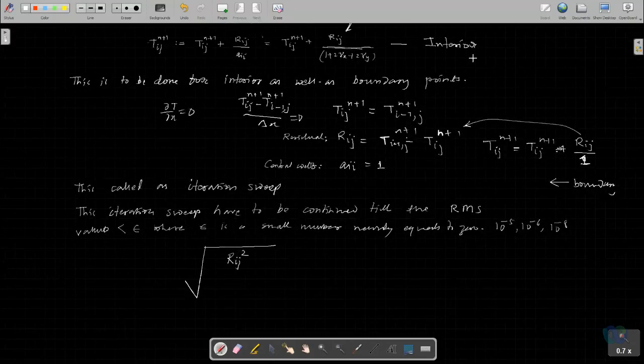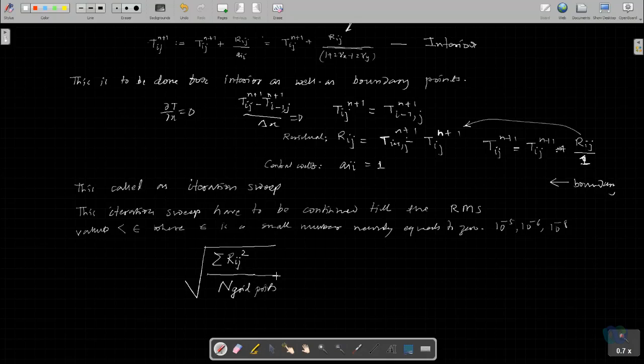Whatever Rij you are calculating, you have to sum all the Rij. Sum of all Rij means interior plus all the Rijs that are coming from the boundaries. And divide that by the n grid points, the total grid points.